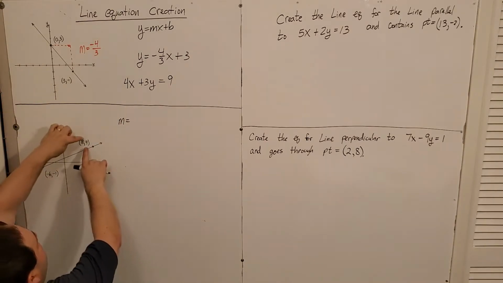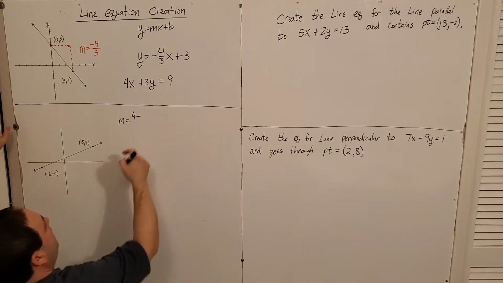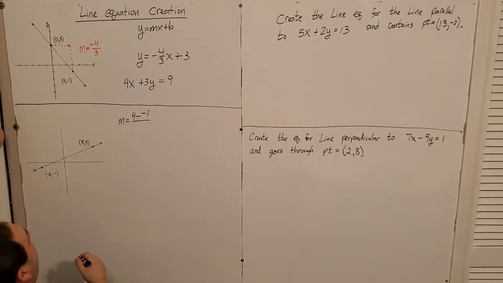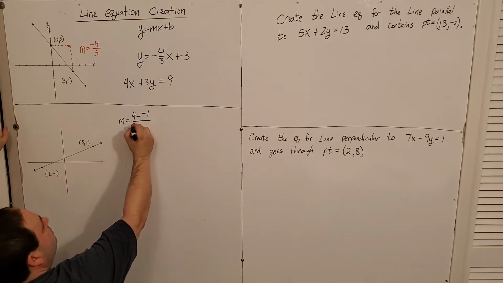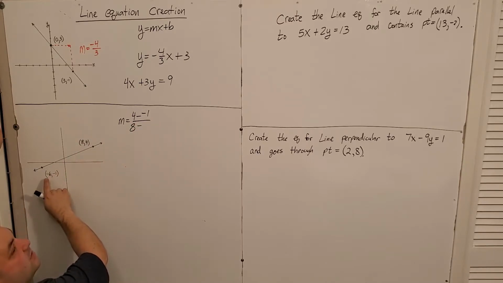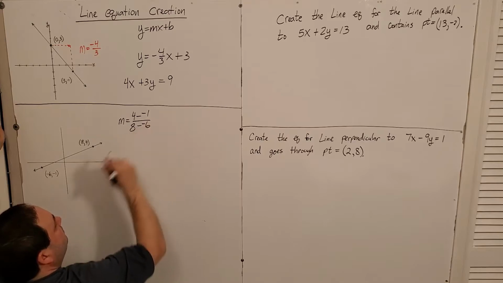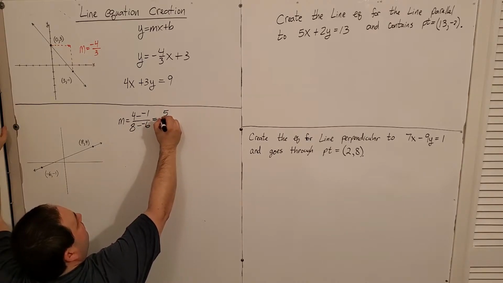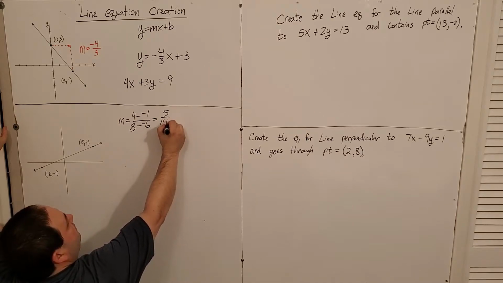y2 is 4 minus y1 is -1 divided by x2 minus x1. So I'm getting 5 over 14 as my slope.